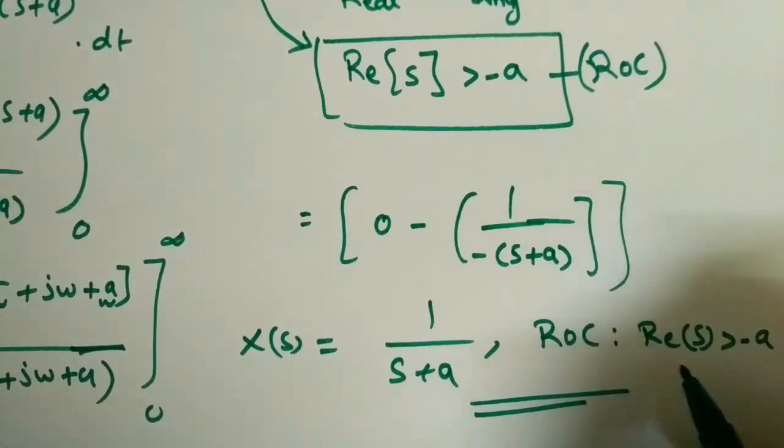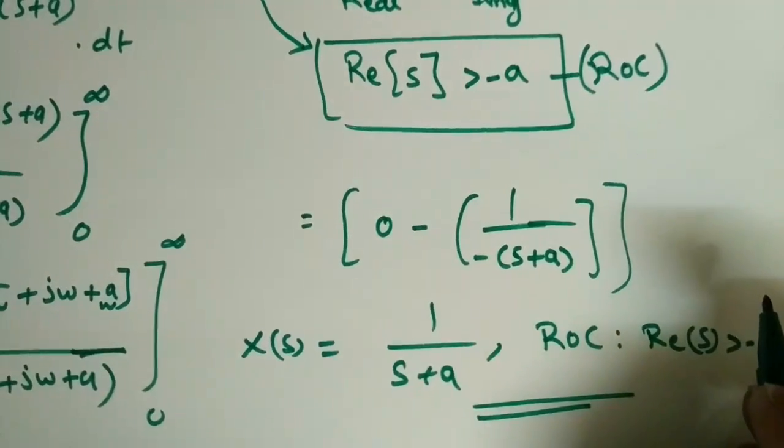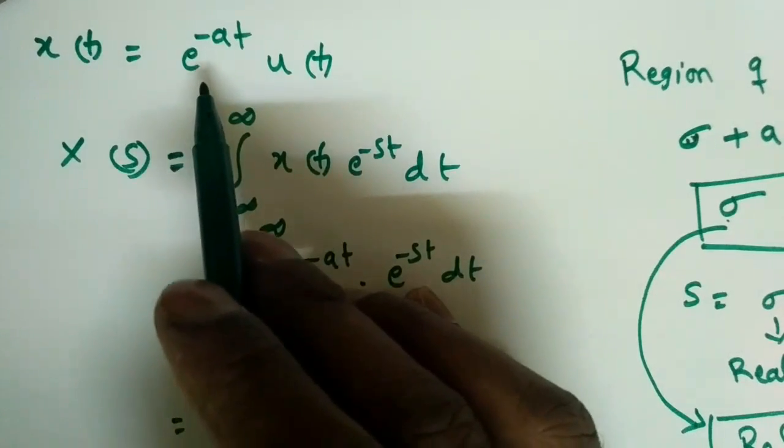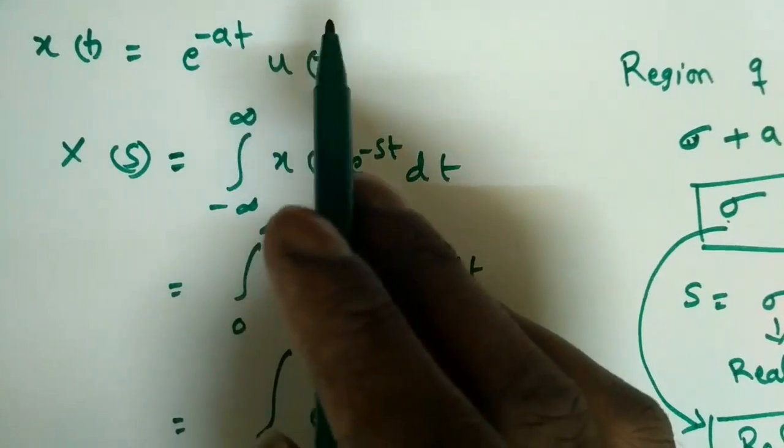What is the meaning of this ROC, where real of s is greater than minus a, or sigma is greater than minus a? We discussed that the Fourier transform is applicable to only some signals, where the condition is a less than 1, right?